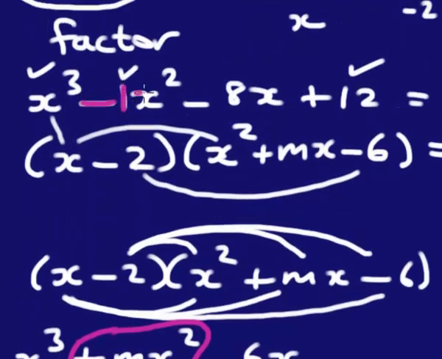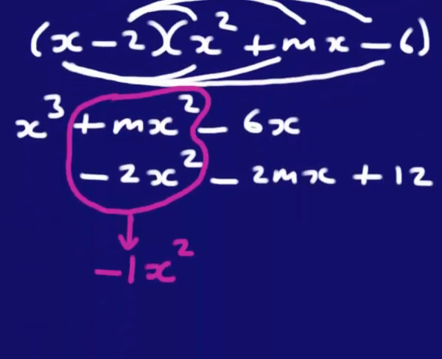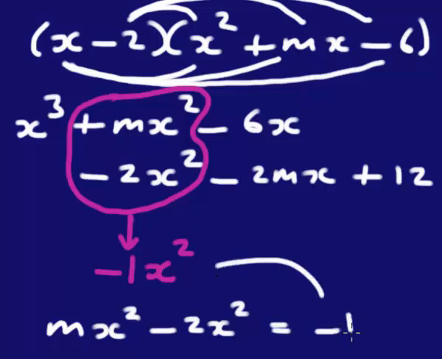Minus 1x squared. You want that. And in fact, if you look at this carefully, it's actually quite simple. Because if you think about it, if you've got the mx squared, now watch this. If we add up these two, or we subtract them if you like, we need to get negative 1x squared.